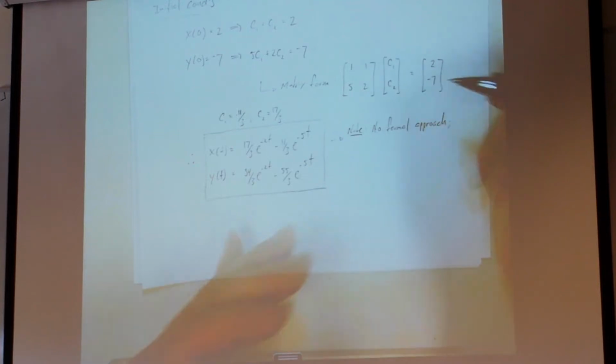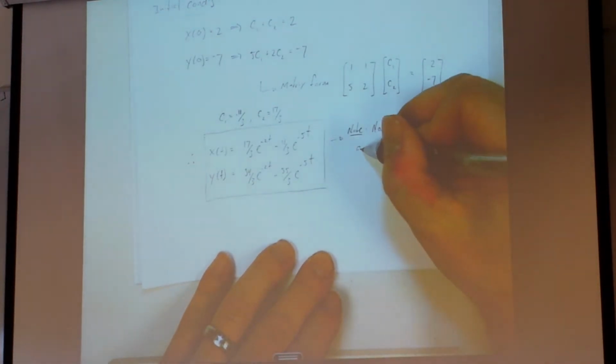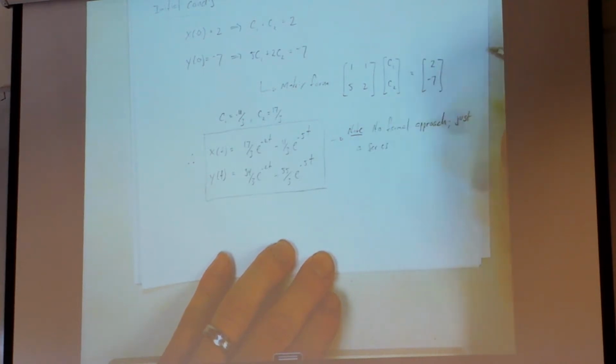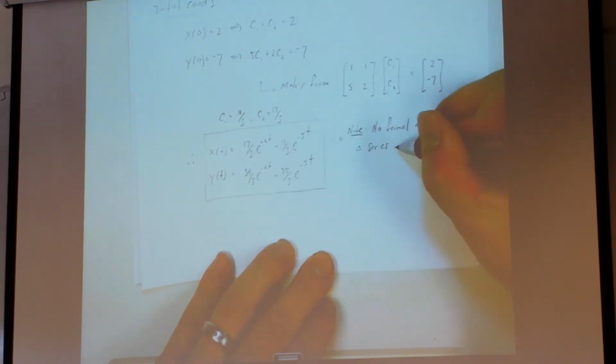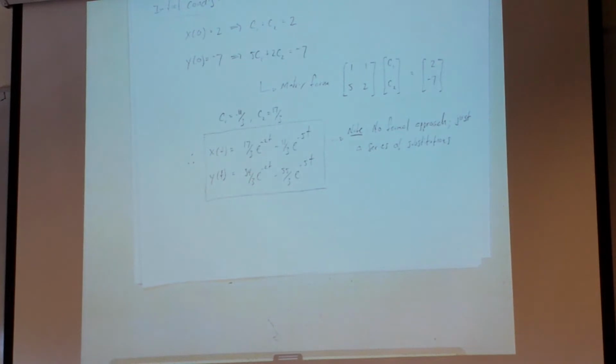Just a series of substitutions. It's what the book calls an ad hoc method. It gets kind of messy, especially if you have 3 equations, say x prime, y prime, z prime, 3 equations and 3 dependent variables. So there's no straightforward method. It's just try things until you get an equation you can solve.